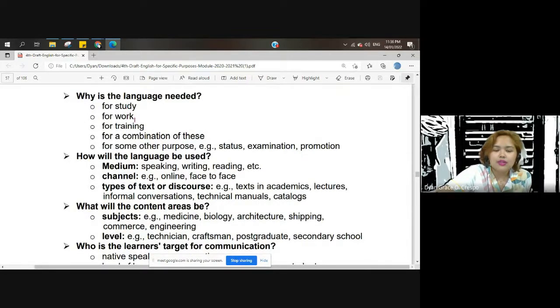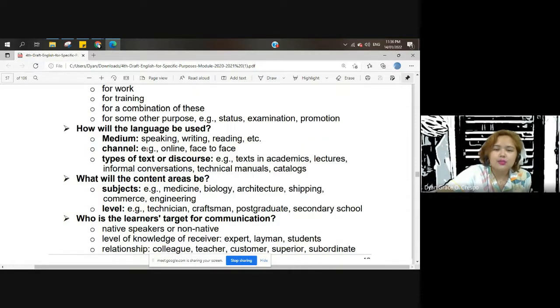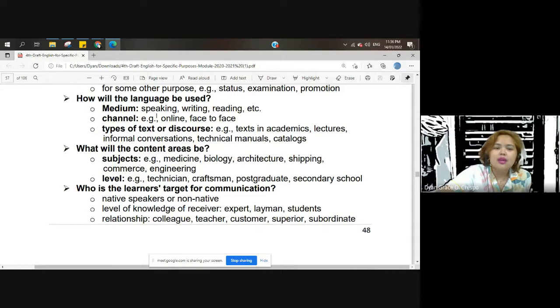May mga different answer tayo for study, work, training, and a combination of this. Another purpose. How will the language be used? Anong medium niya? Speaking, writing, reading. Anong channel? Online ba siya? Face-to-face? Types of text or discourse: text in academics, lectures, informal conversation, technical manuals, catalogs.